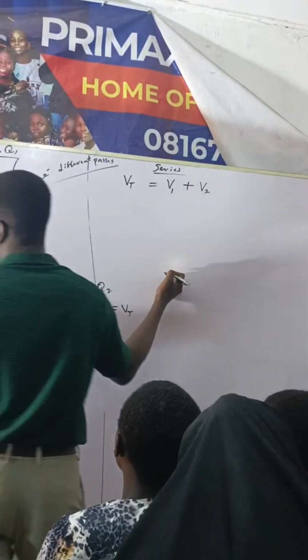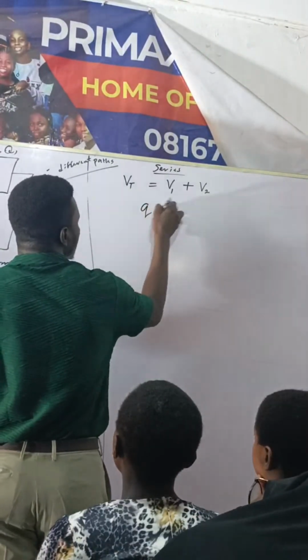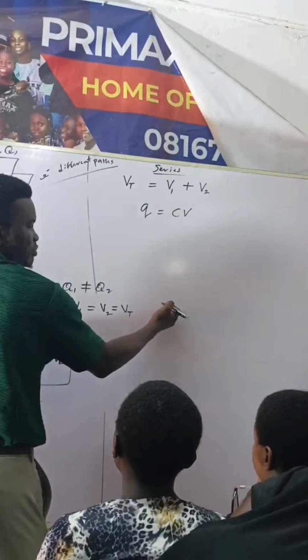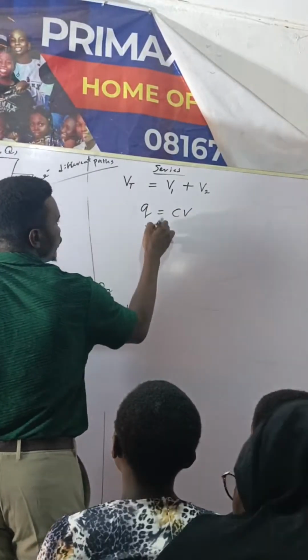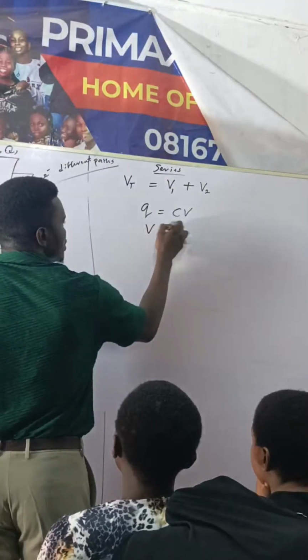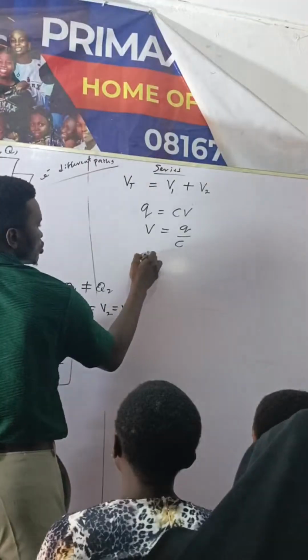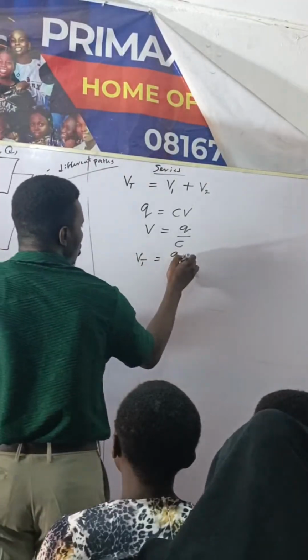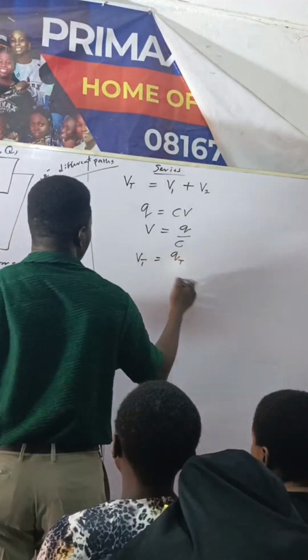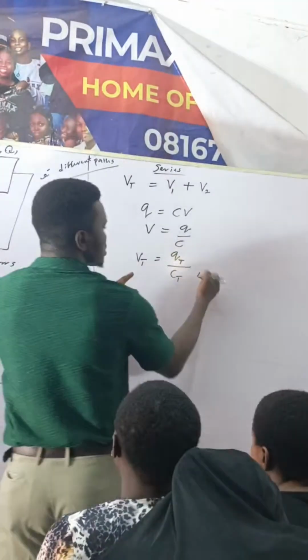And you remember, my Q is equal to CV. So V is equal to Q over C. So for V total, I can say V total equals Q total over C total.